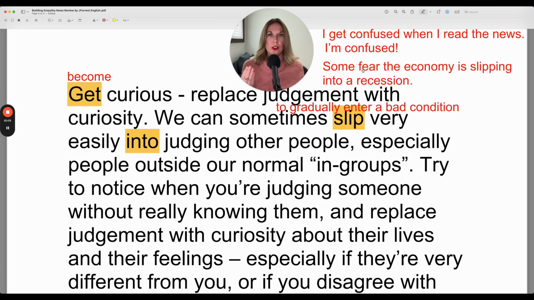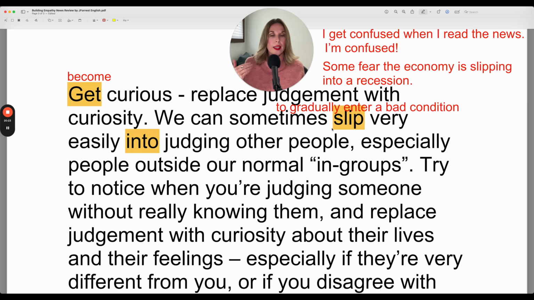So you might understand from this example, some fear the economy is slipping into a recession. So the economy is entering a recession, which is a bad condition, but it's doing it gradually, which means slowly, slipping into.